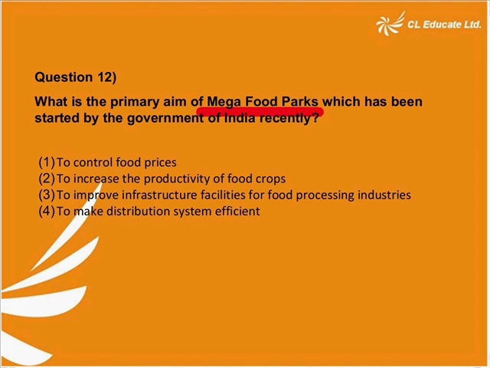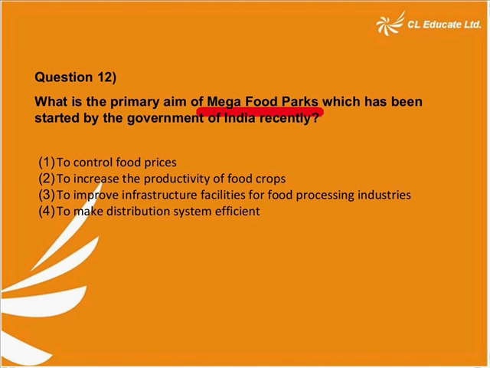Well, of course, now to control food prices, certainly it's not to increase productivity. Mega food parks, now when you read about it, if you read only 3 lines about it, it just improves the infrastructure facilities which will boost the overall system.